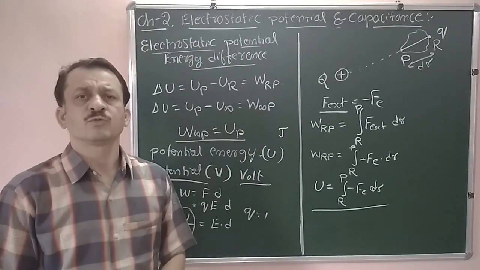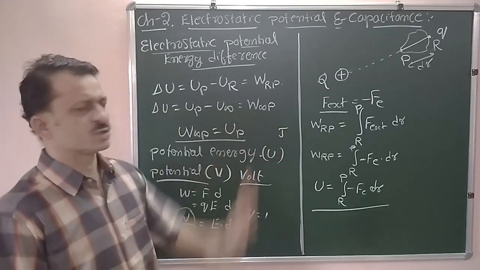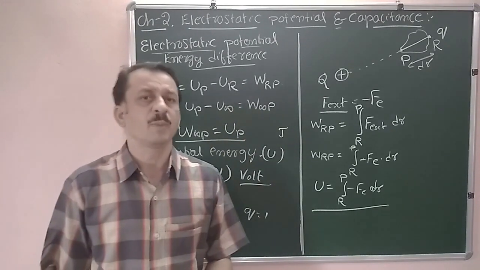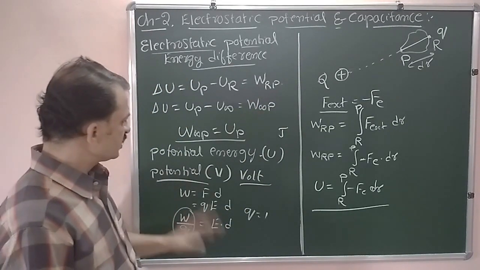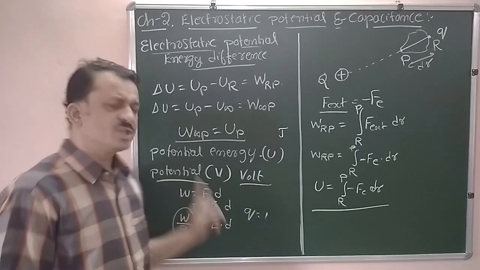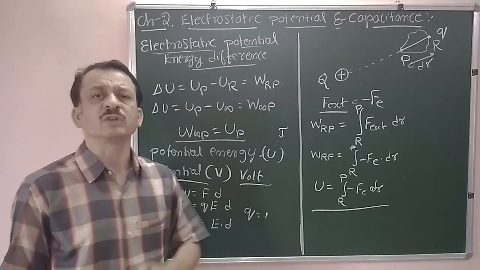Therefore, the electrostatic force is conservative in nature. It is a conservative force. That means the work done does not depend on the path. It depends only on the initial and the final point. In the same manner here also, the potential is not very important. It is the potential difference that is very, very important.